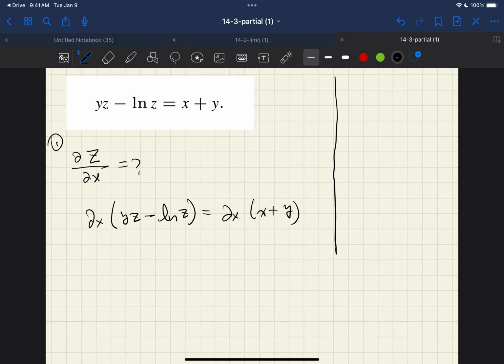One thing we want to emphasize is partial z, partial x is something we want to find. Sometimes I can write this as z_x. But partial x of x is just 1, obviously, since something divided by itself is 1. But partial y, partial x is 0 because y is frozen.